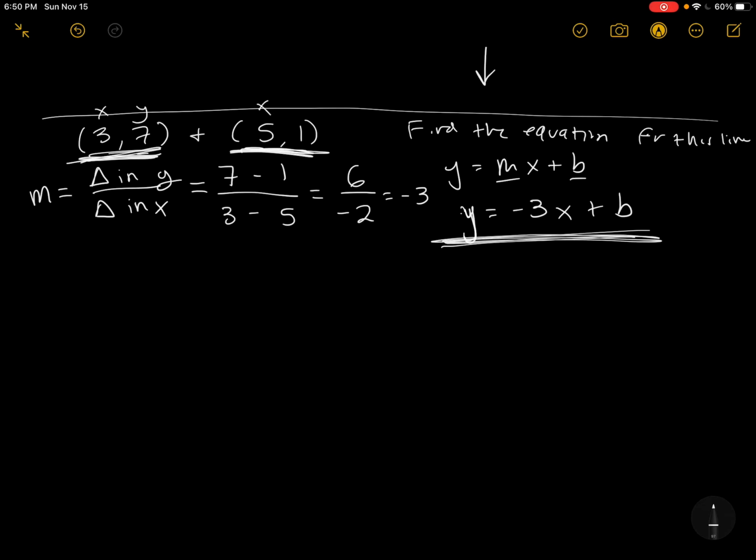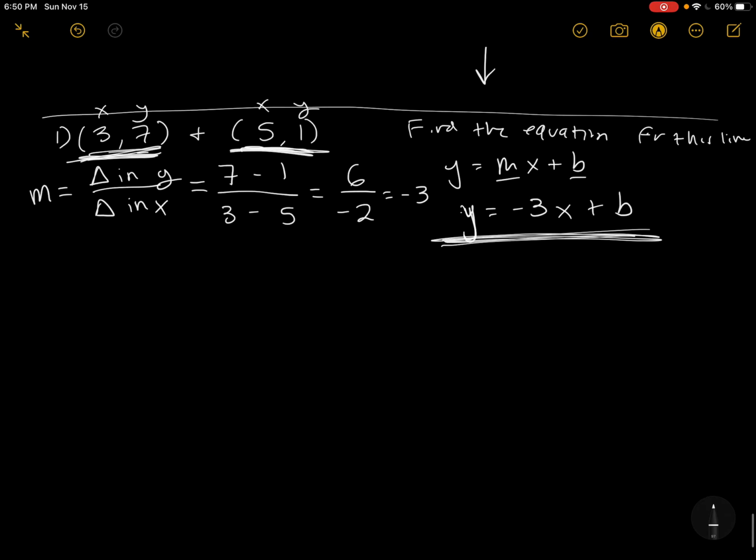So that means I have an x and a y, 2 x and y's right here. I can actually plug them right in. You can pick any one, we'll do both. So let's do this first point here, 3, 7, and I'm going to plug in the 3 to x and the 7 to y in this right here, and what I'll be left with is how to solve for b, right?